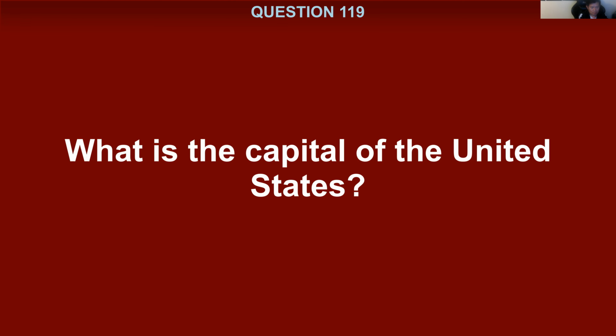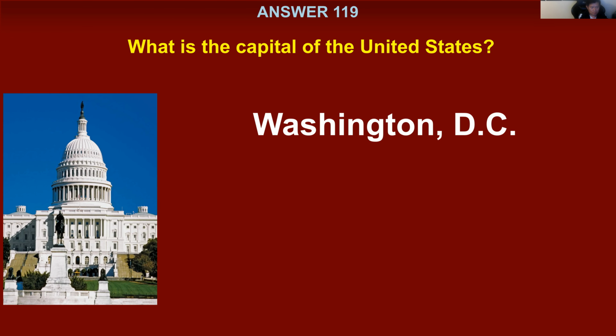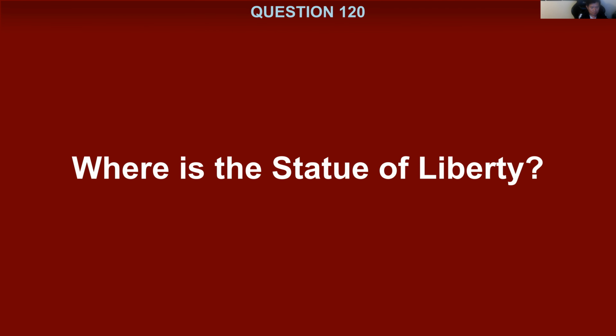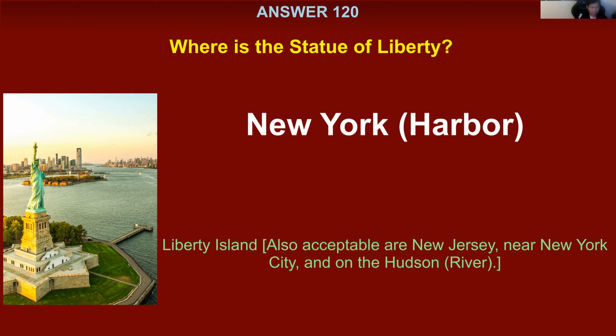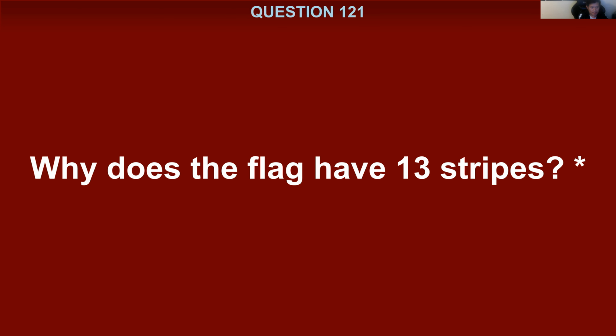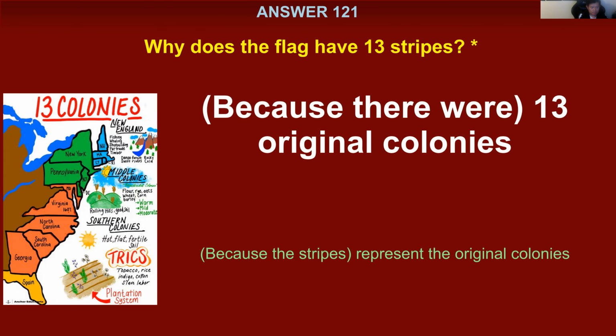What is the capital of the United States? Washington, D.C. Where is the Statue of Liberty? New York Harbor. Why does the flag have 13 stripes? Because there were 13 original colonies.